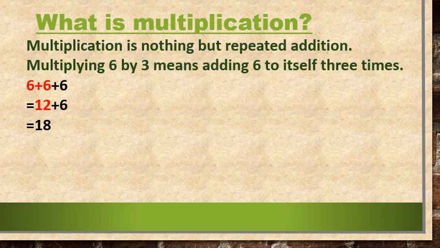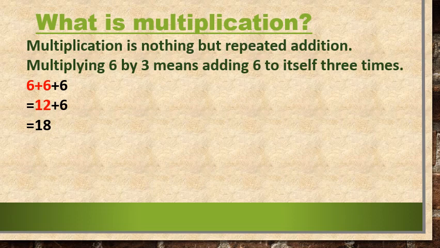Now girls, multiplying 6 by 3 means adding 6 to itself 3 times. Got it? So we can write it in this manner: 6 plus 6 plus 6. Alright, so 6 plus 6 gives us 12. Now 12 plus 6 gives us 18. Correct?